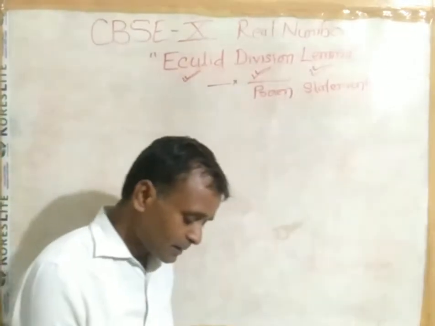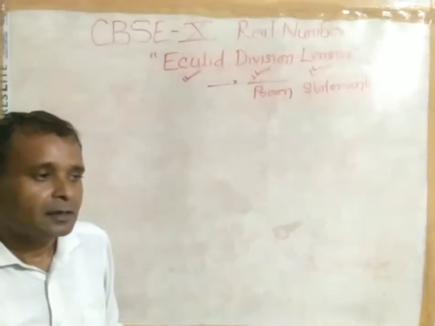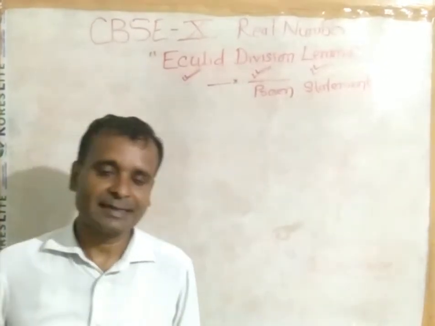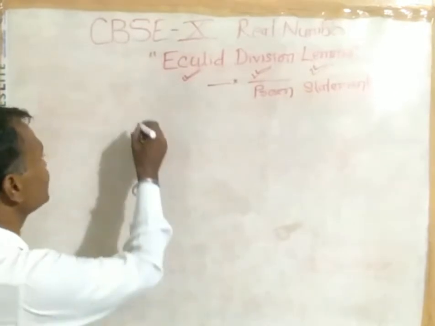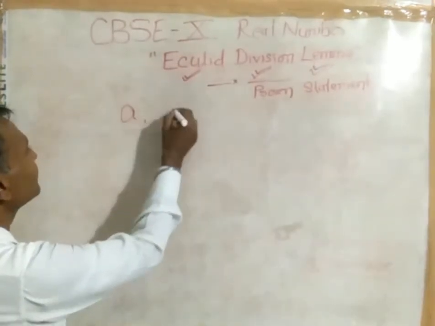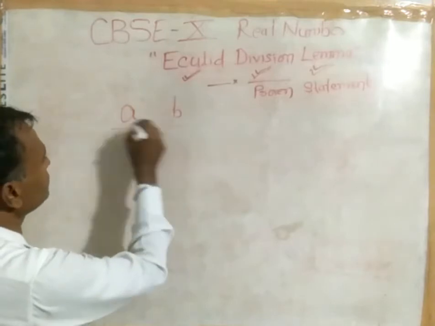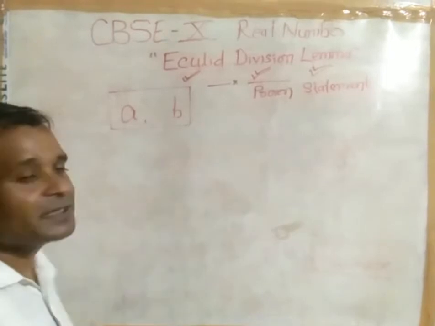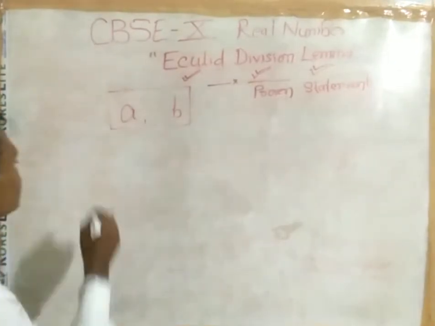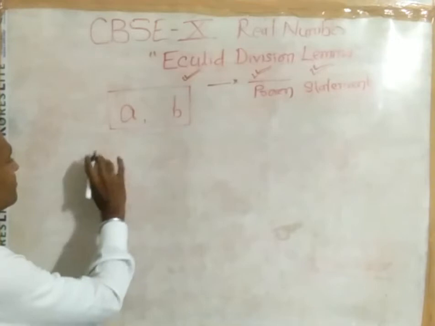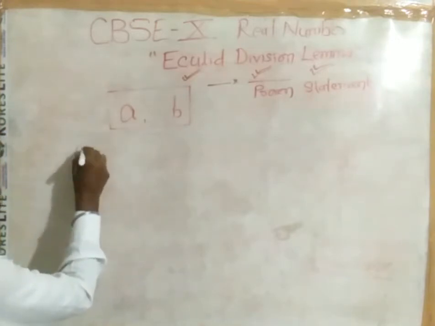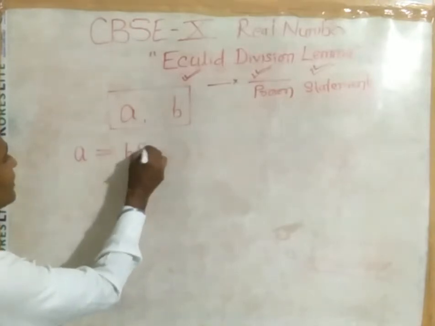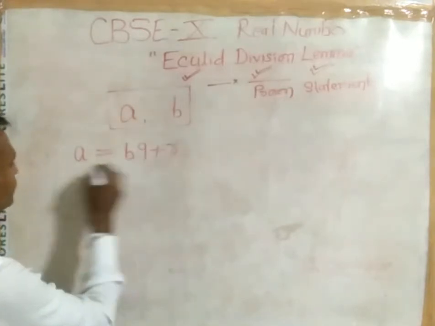Next thing, if we have two positive integers, for example a and b, these are two positive integers a and b. They must verify a equal to bq plus r.